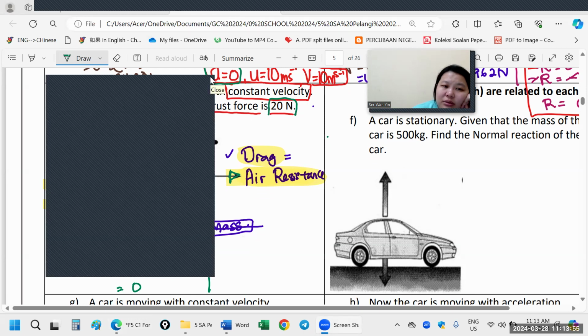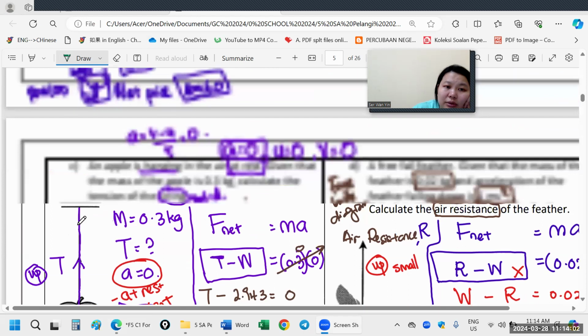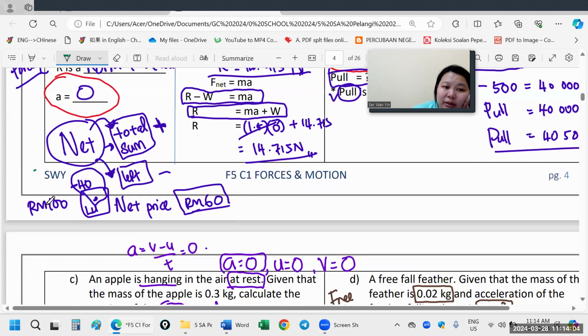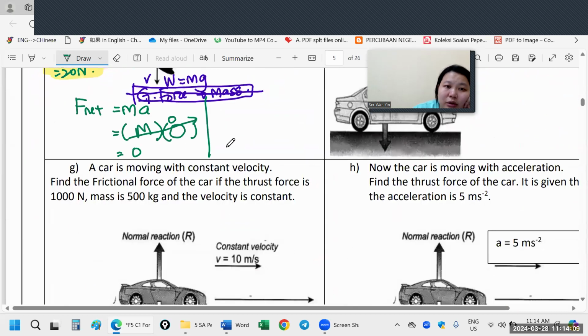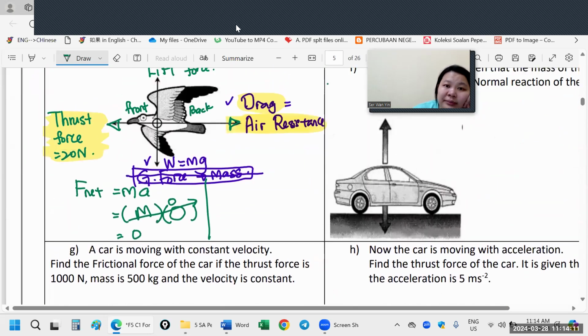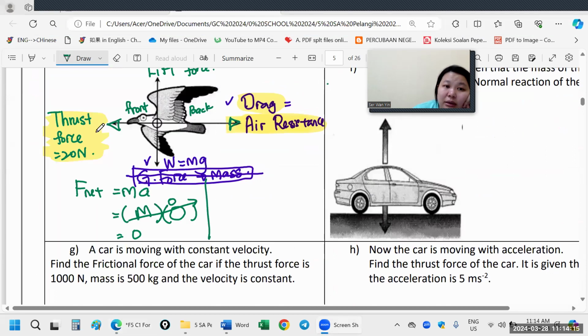Yes, net force, you need to minus two forces and call it net force. Okay, so actually it's moving in front, right? So we say it's thrust force moving here.